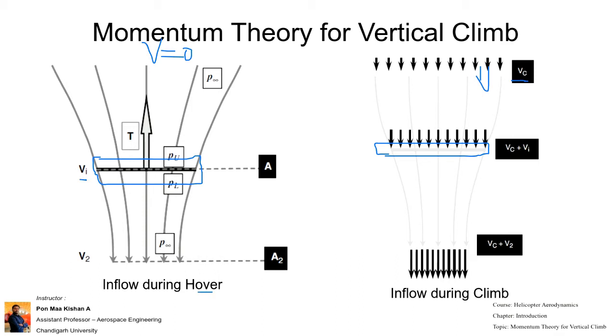But here we have to calculate the entering velocity, that is Vc plus Vi. Both play a major role during climb. The exit is also with respect to Vc. In hovering we just calculated with exit velocity V2, but here the velocity of the upper flow has to be added.